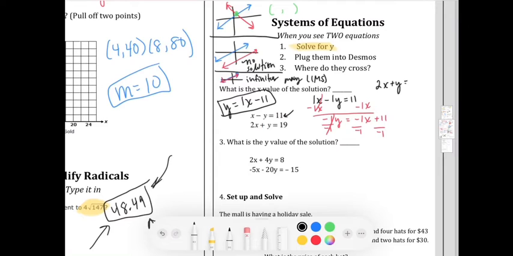So now I'm going to take my second one, 2x plus y equals 19. To get y by itself, you start by moving the x to the other side. Hopefully you guys remember this. So that leaves me with y equals negative 2x and a positive 19. So now that one is ready to graph in Desmos.